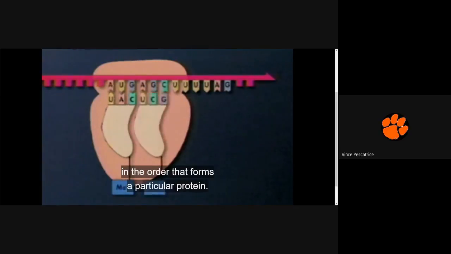On another kind of RNA, transfer or tRNA. Each tRNA also carries one of 20 amino acids. Here, the tRNA carries the anticodon UAC with the amino acid methionine. The ribosomes assemble the amino acids together into a chain called a polypeptide in the order that forms a particular protein.